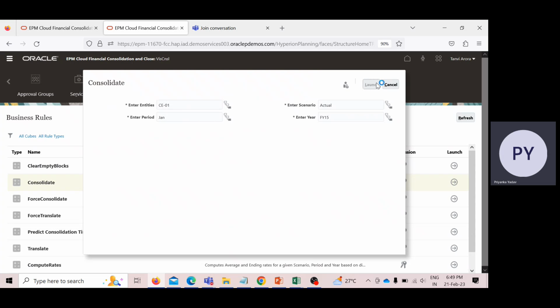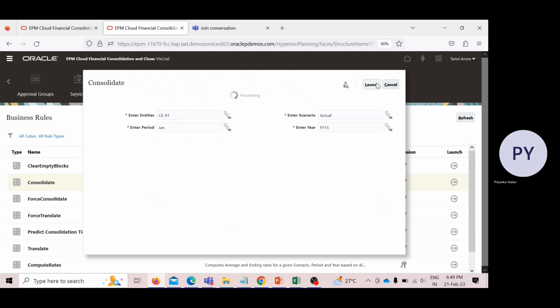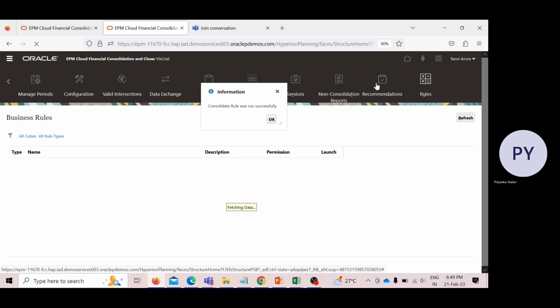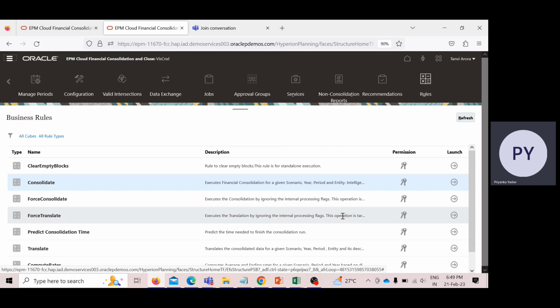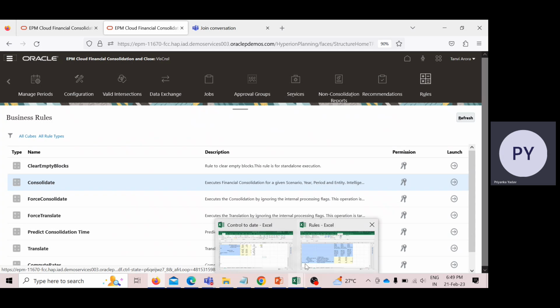We will launch it. So remember, at this time, we haven't deployed any of the rules. Consolidation ran successfully. We'll go to the Smart View sheet.